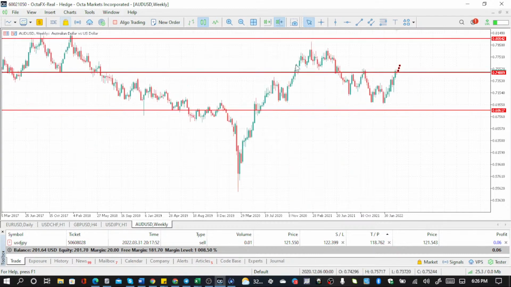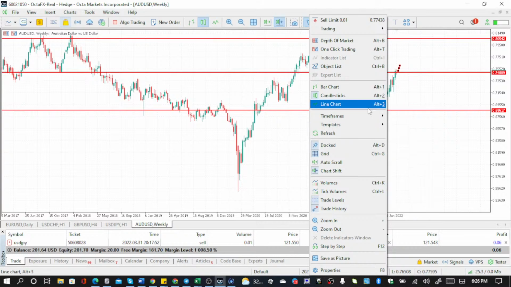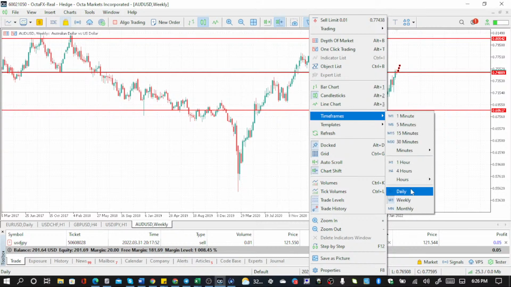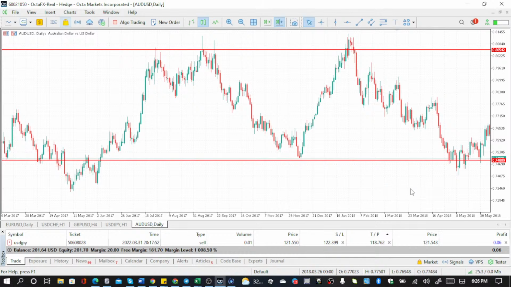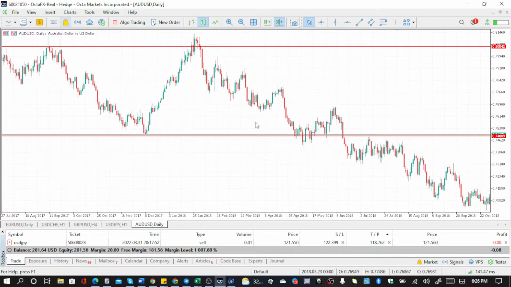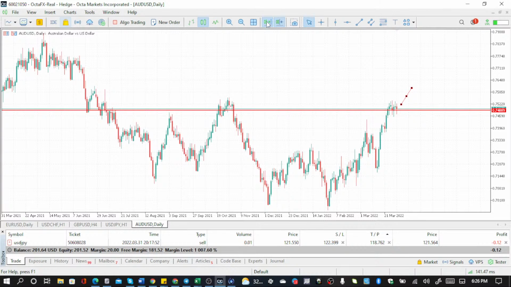For a clearer view, let's go to the daily time frame. So what is happening on the daily time frame?